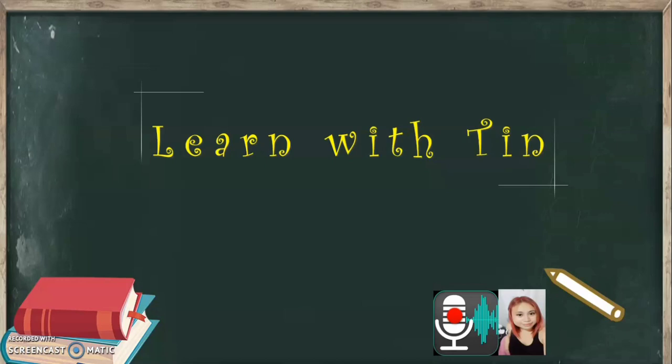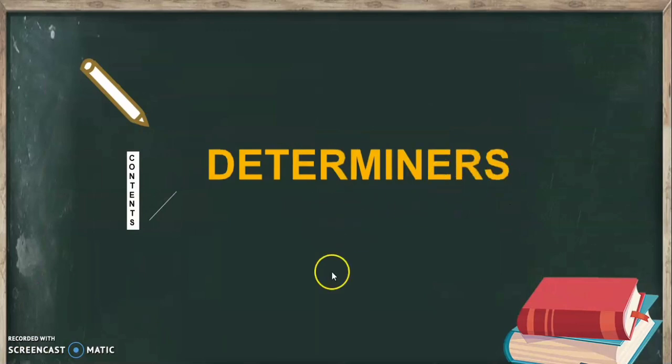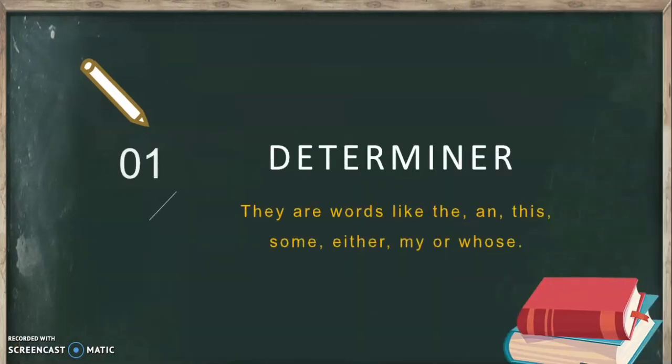First, we are going to do a short review of what determiners are, okay? So, again, determiners, they are words, okay? The words like the and this, either, my, or whose.